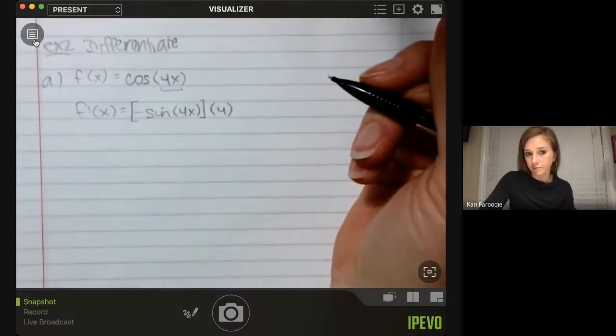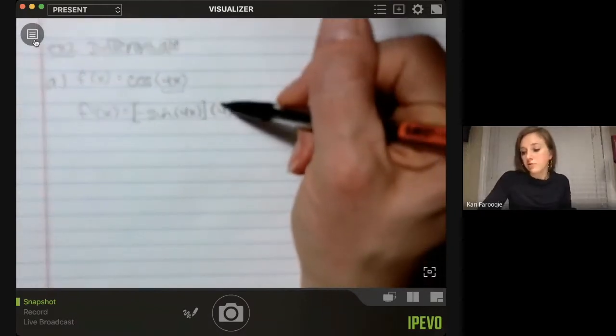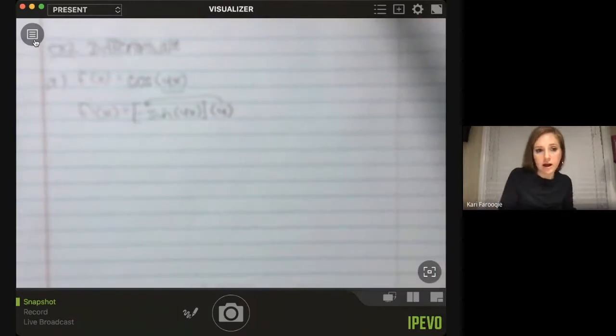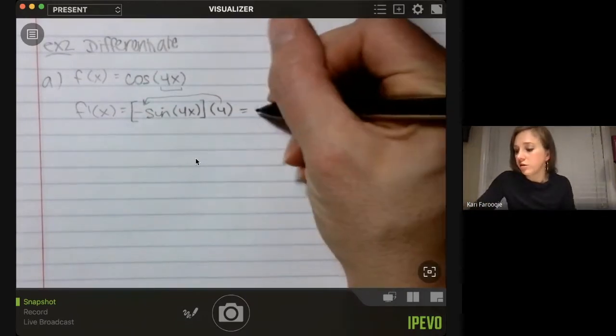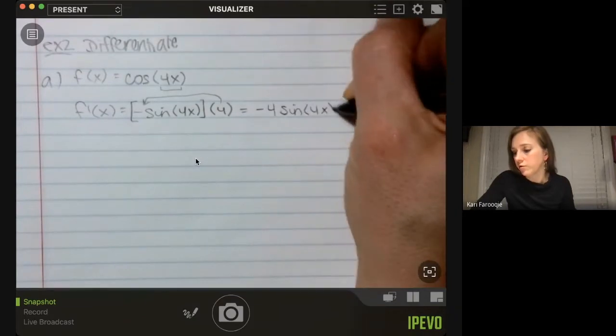That means that this 4 is going to get multiplied by the sine function, not by the angle. So it looks like this, negative 4 sine of 4x.